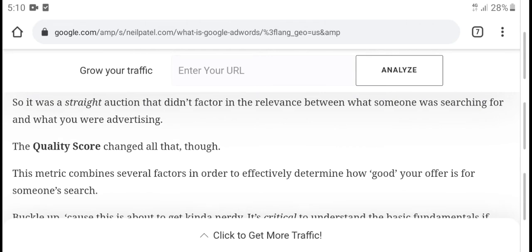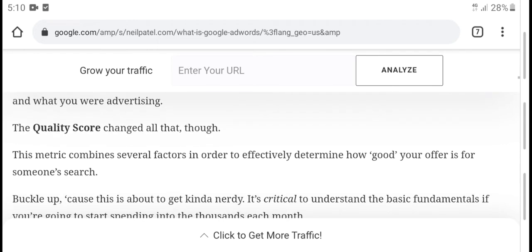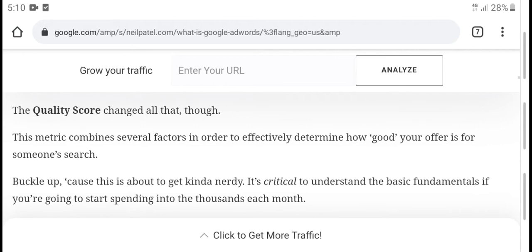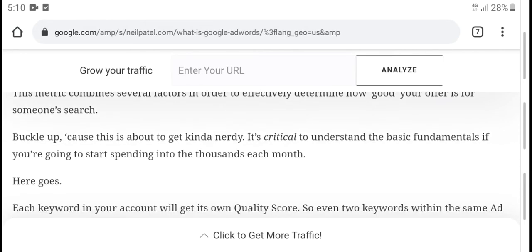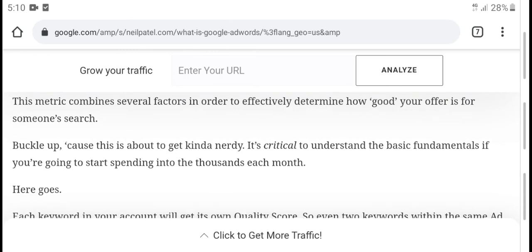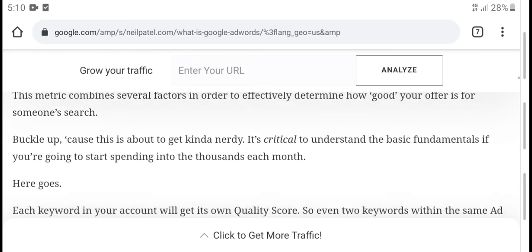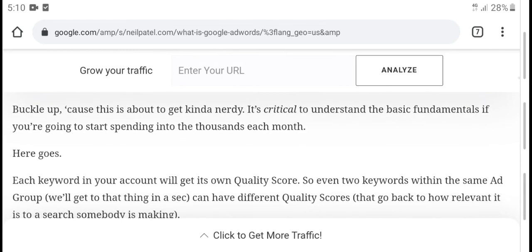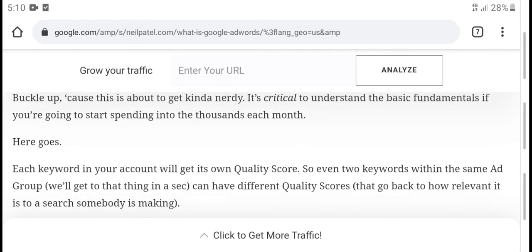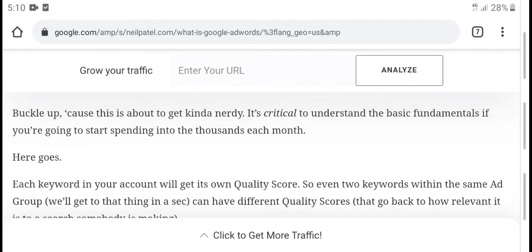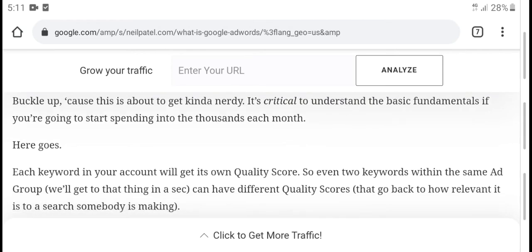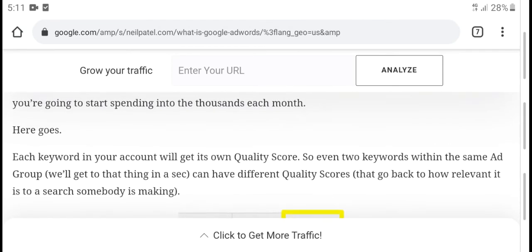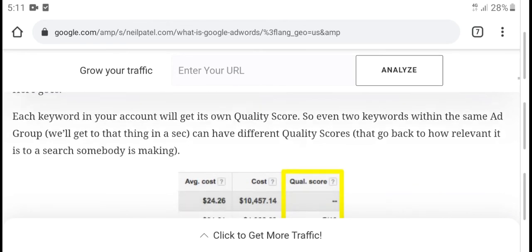between which some is was searching and what you are editing advertisement, they quickly start changing target the metric campaign service factor order. If a document good your offer in for some searching bookkill and up to cases about get kindliness and critical understanding basic, you are going and speeding thousands of cash most.